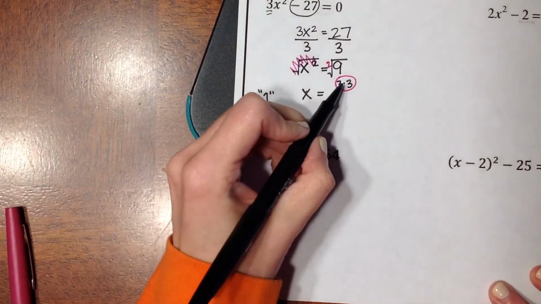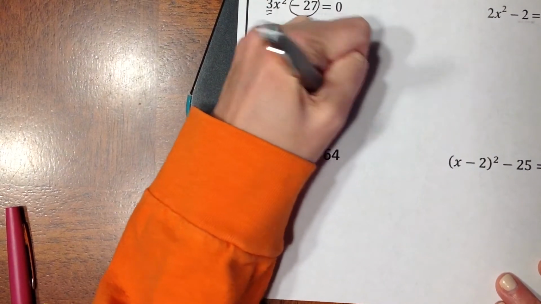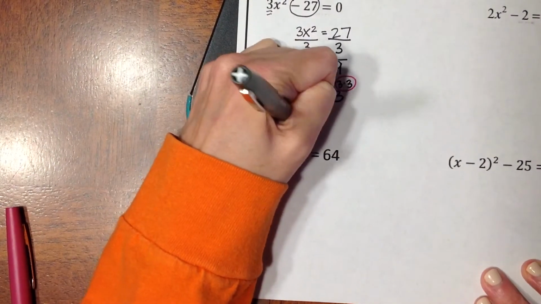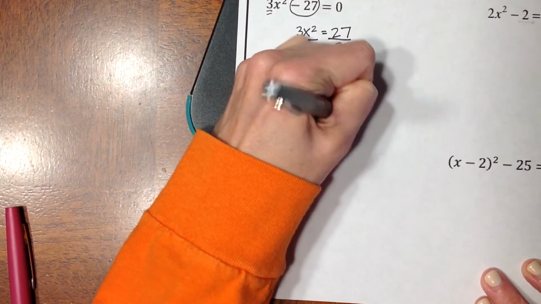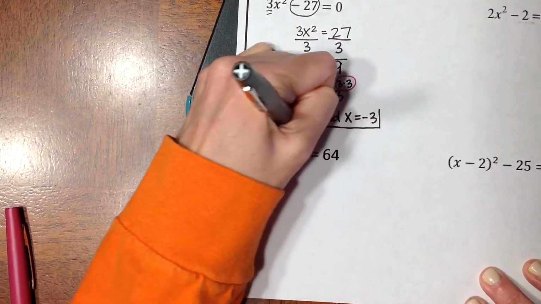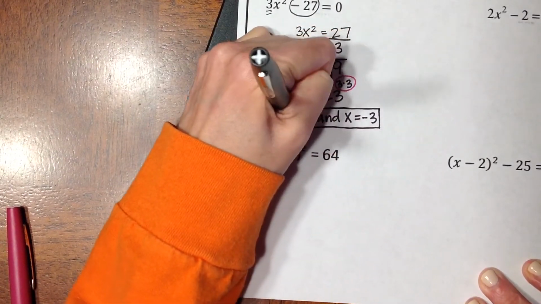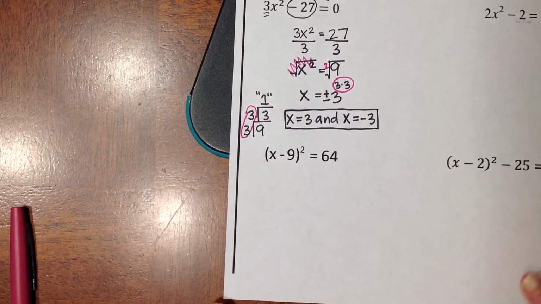And that means I can remove one group of 3's from my square root, so that's going to leave me with the 3, and my answer has to be positive and negative. So really, my answer is x is equal to 3, and x is equal to a negative 3. I would be looking for the answer choice with both of these answers listed out, or with the combination plus minus sign in front of the 3.